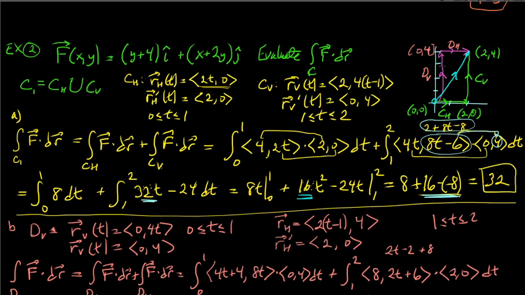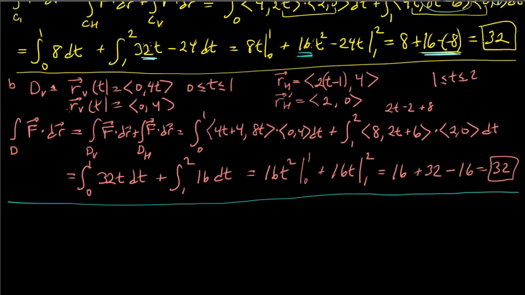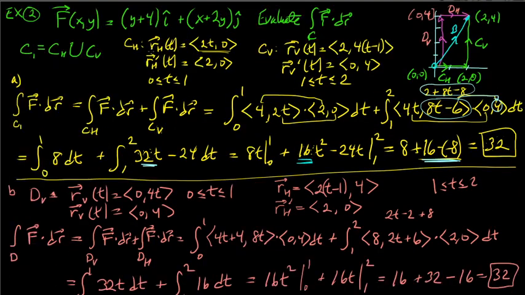I don't want to call it E because that looks like the vector field. How about if I call it, I'll go backwards. How about B? So we're going to do the line integral over B of the same vector field, F, which is y plus 4 i plus x plus 2y j.